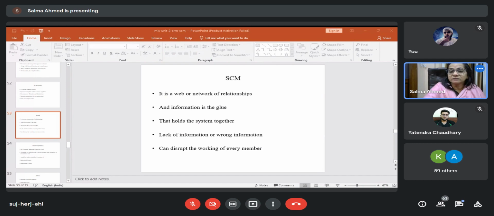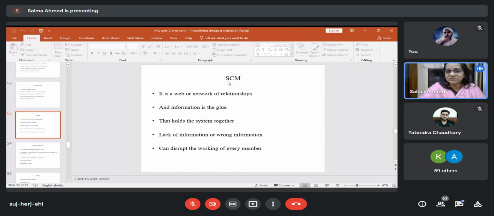In fact, the term chain should be replaced by network. It should not be supply chain management, but supply network management. If I'm selling through a dealer, it's not a single dealer selling all across India. There are n number of dealers in one city, in Agra for instance, or in Delhi, perhaps 13 or 14 or more dealers.